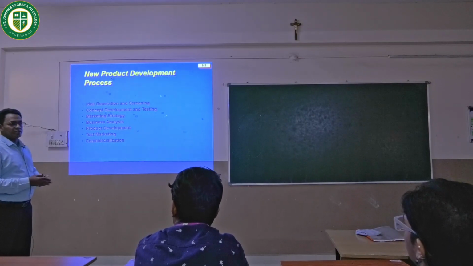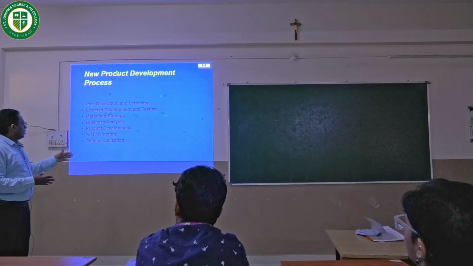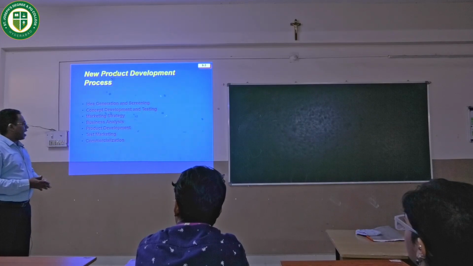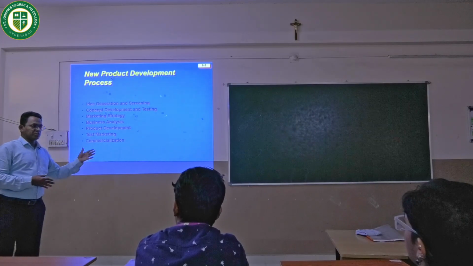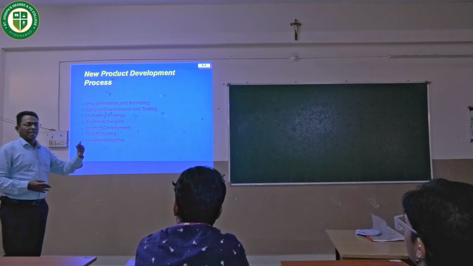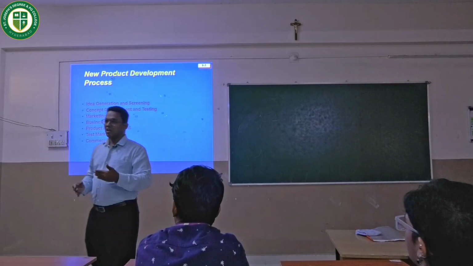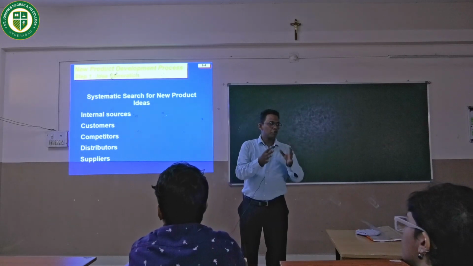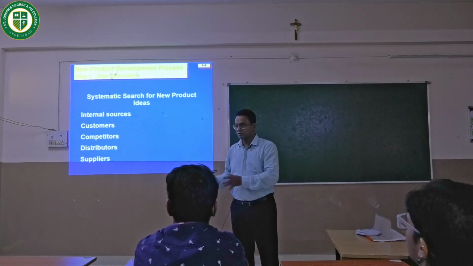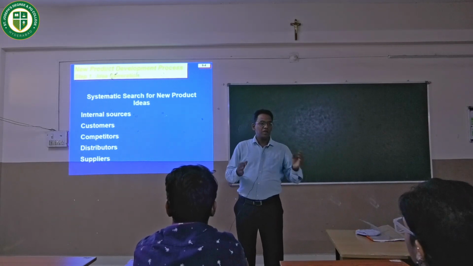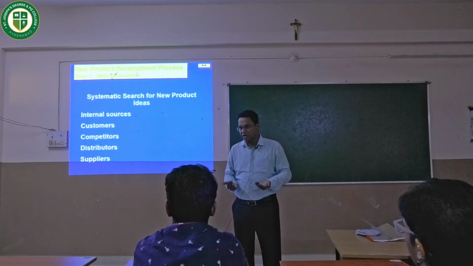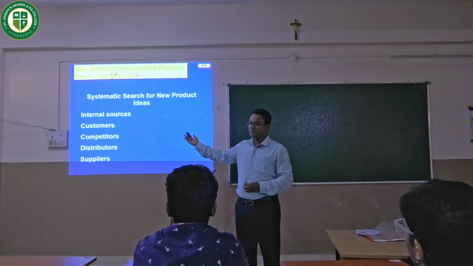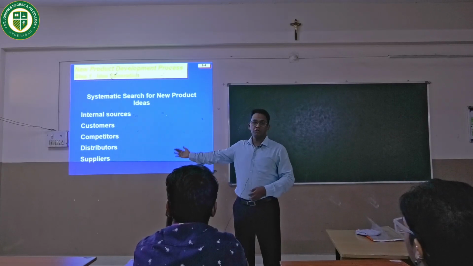The fifth one is product development. The sixth one is test marketing, and the seventh one is commercialization. We shall look at each stage in detail so that you understand the new product development process. First we saw the requirement for new product development. Now we are looking at the process of new product development.